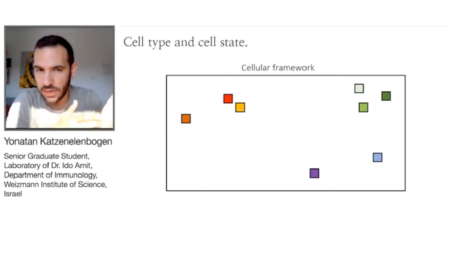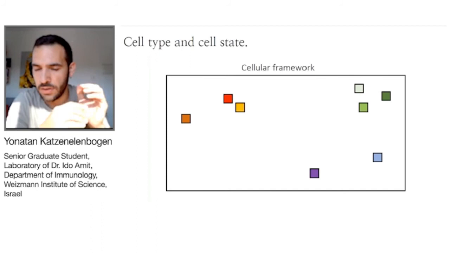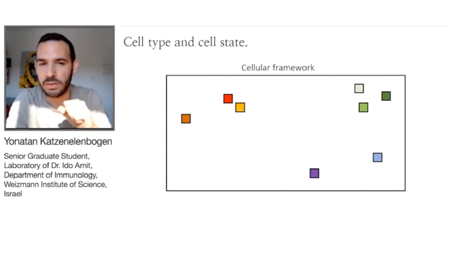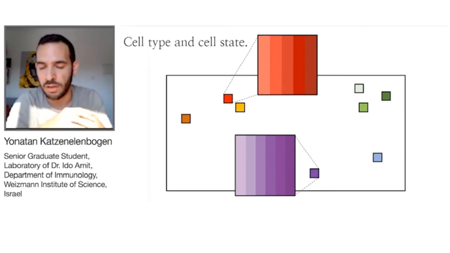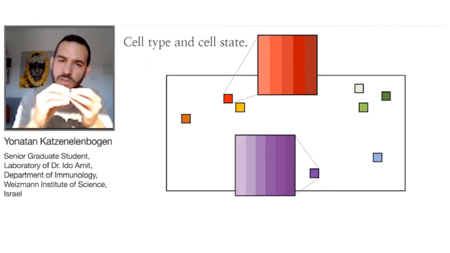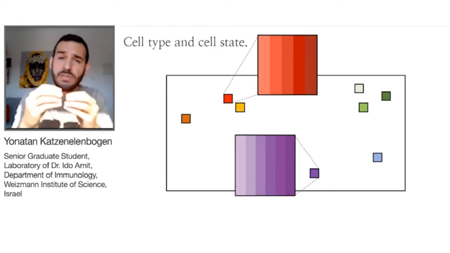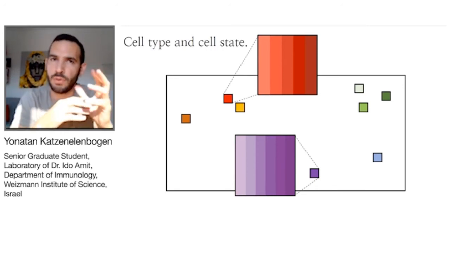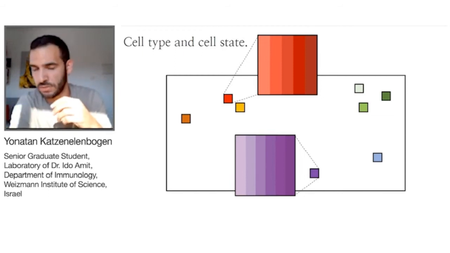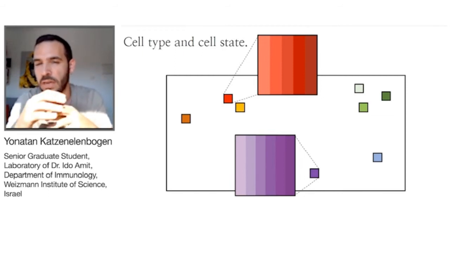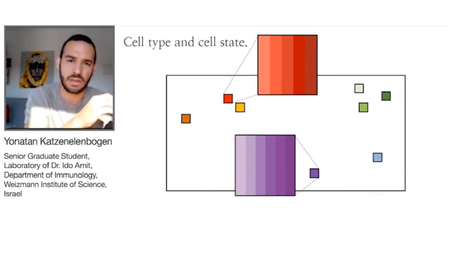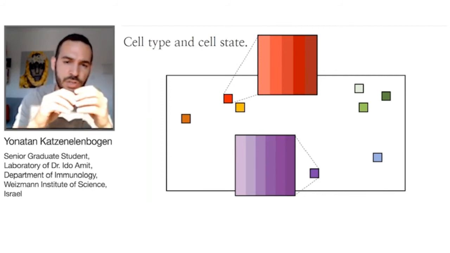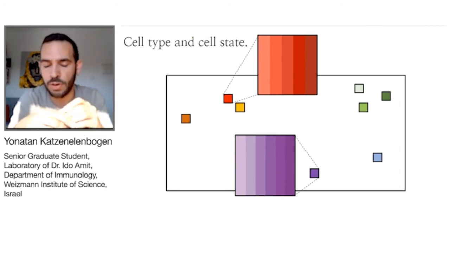Let's look at this red cell again. This red is not just plain red all the time, right? We have a lot of flavors of red in different tissues. So every cell type has different flavors. We can have, for example, one cell state which is this dark red in a specific tissue, and a light red, which is another cell state, again red, in another tissue, and it's true also for the purple one.